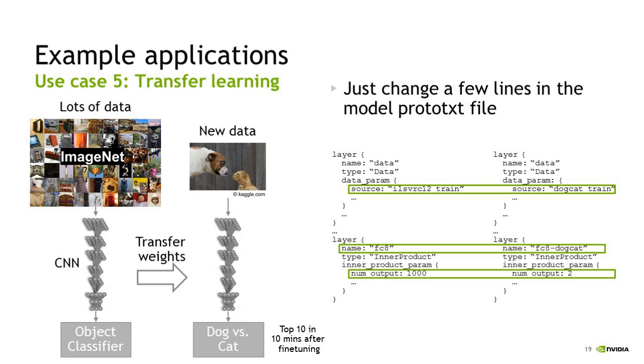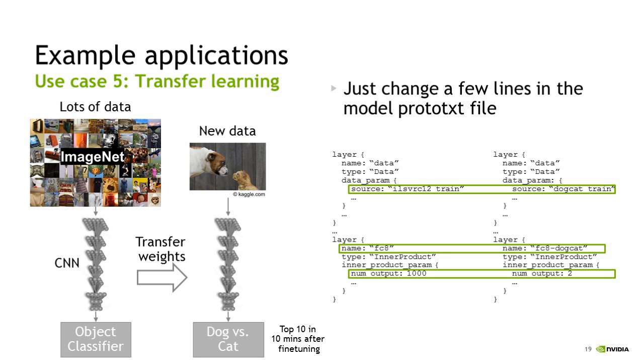Transfer learning is where you have one network that you've trained on a large data set, for example, you've trained a network on the ImageNet data set to do object classification. You can take the weights that have been learned for that network, change the input data layer and the output classification task, and then fine-tune the network on a new data set.